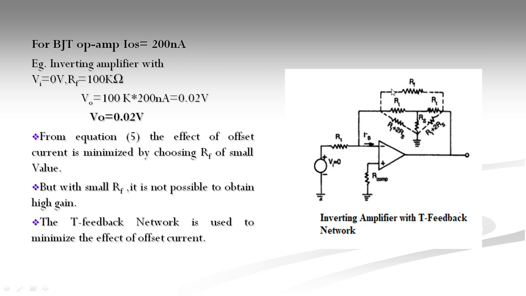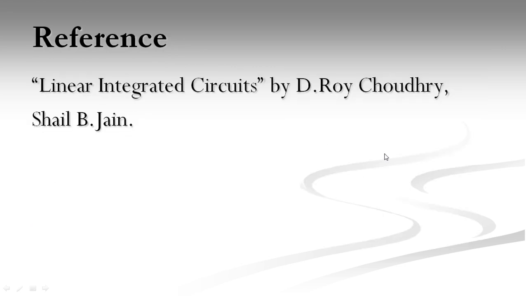So in order to reduce the effect of the input offset current in the circuit, we are going to use this T feedback network in the circuit diagram. The reference book used for this is Linear Integrated Circuits by Roy Choudhury and Shail Jain.